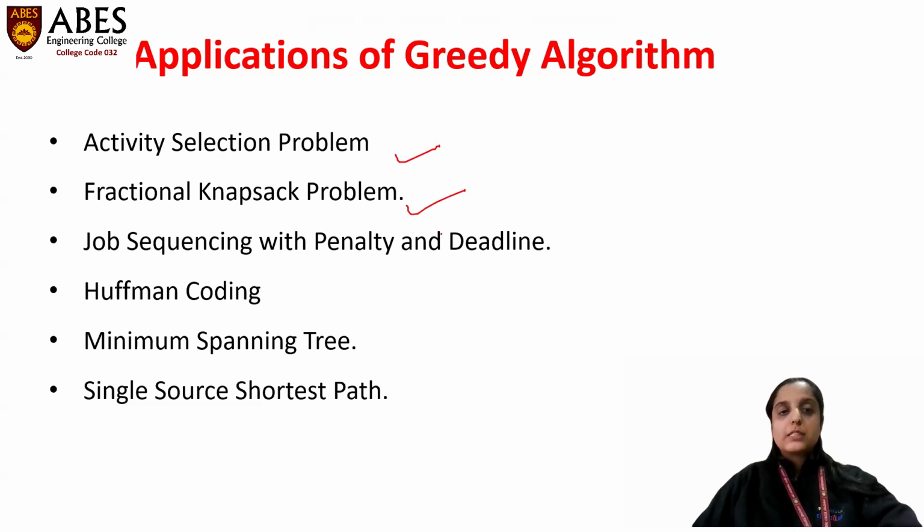Second is fractional knapsack, then job sequencing with penalty and deadline, Huffman coding, minimum spanning tree, and single source shortest path. These are the 6 topics that we will cover in the next videos in detail with examples. So stay tuned for those videos as well. All those videos will definitely clear all your concepts related to the greedy algorithm.